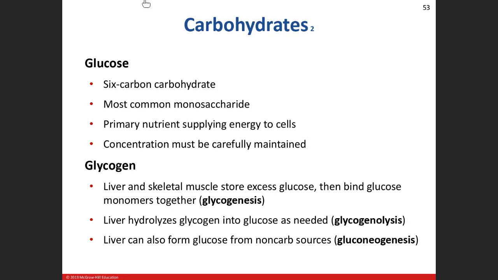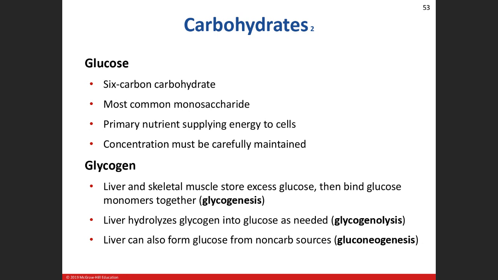Glucose is pretty much the primary nutrient or energy source for your cells. That's why its concentration in your tissues and in the blood sugar is so critical, because we want to keep providing our cells with the energy they need to sustain their biological functions.